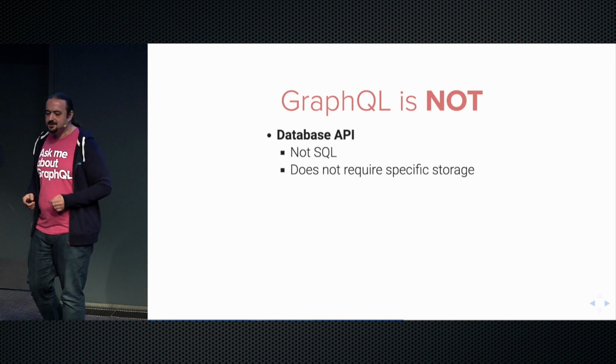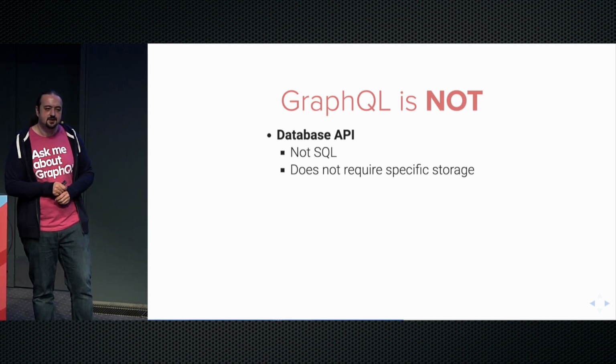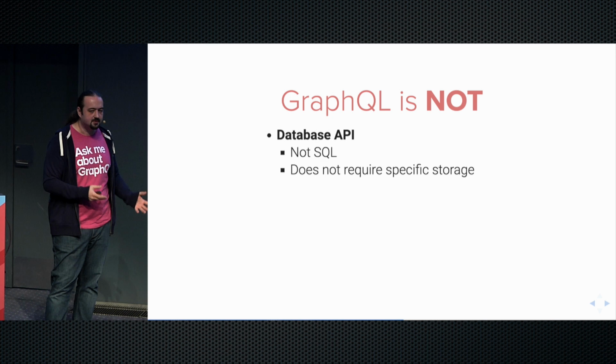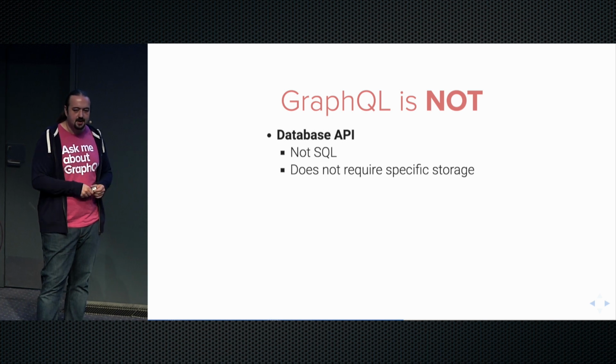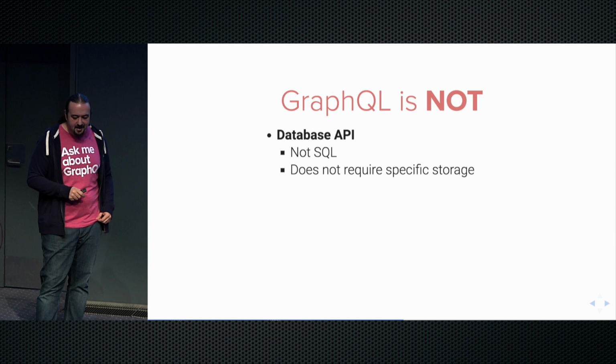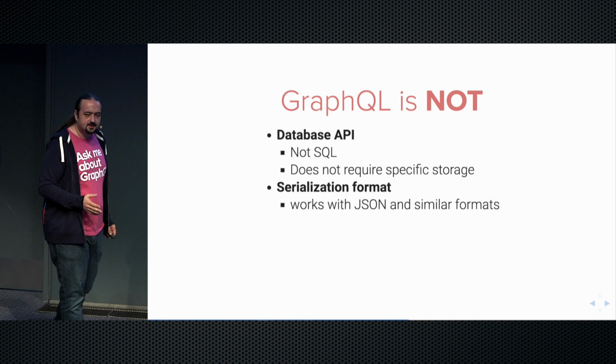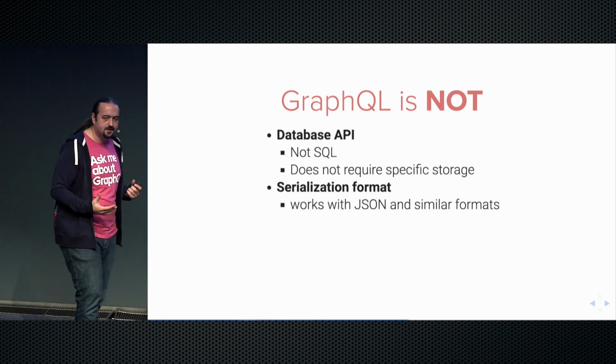And in fact, it is also completely independent from a data store. For example, we are using it with MongoDB, with Elasticsearch, with an existing legacy RESTful API. And even in-memory storage, so some parts of the data actually come from memory. GraphQL is also not a serialization format. Many people use it with JSON, and JSON is very nice and very popular now.